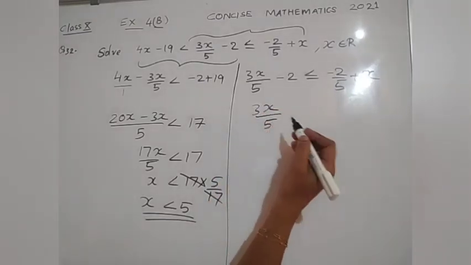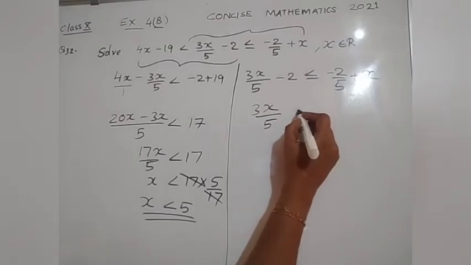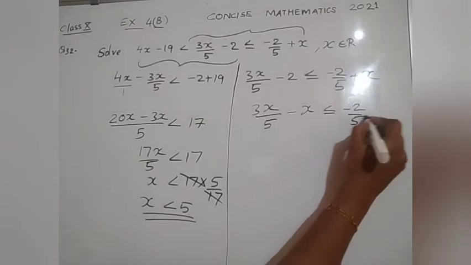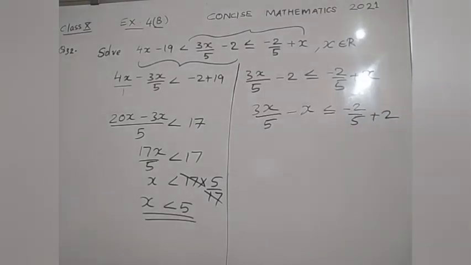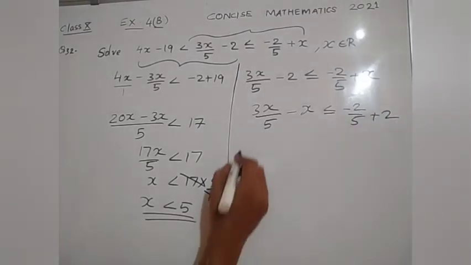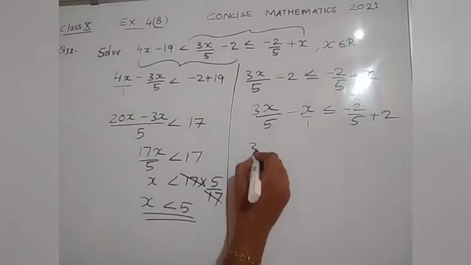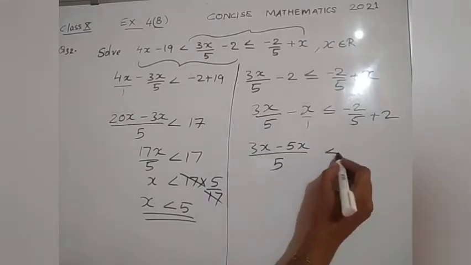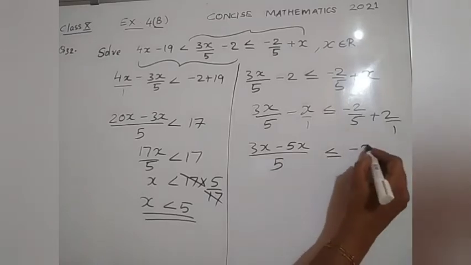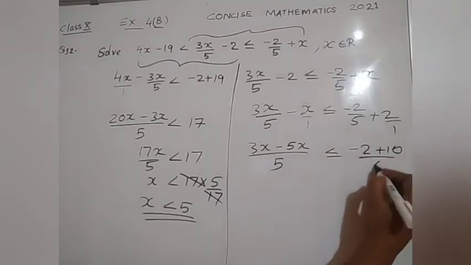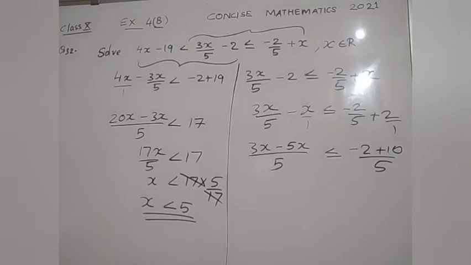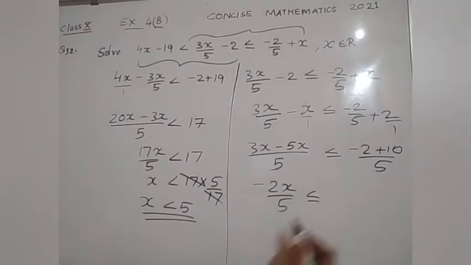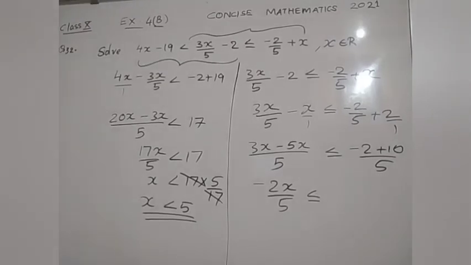3x by 5 minus x less than or equal to minus 2 by 5 plus 2. We wrote the x values on left side and numbers on right side. Take the LCM. 3x minus 5x by 5 less than or equal to minus 2 plus 10 whole divided by 5. That is minus 2x less than or equal to 8.